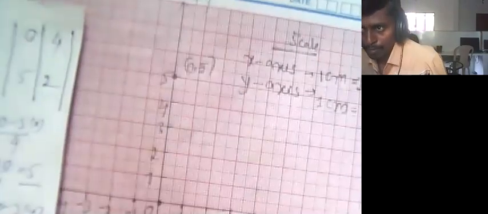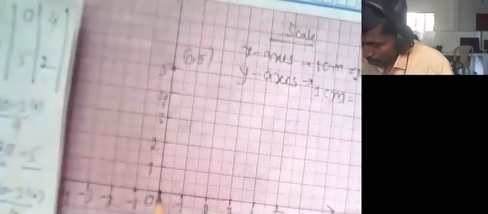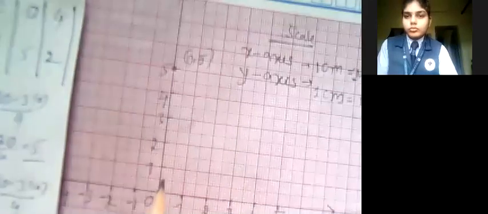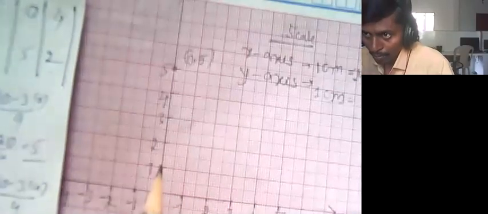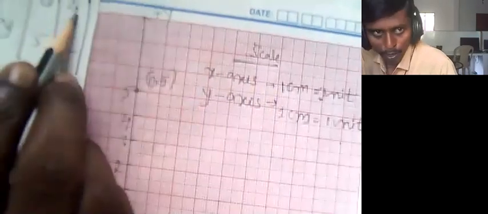Here x is equal to 0 means origin, and y is equal to 5 means plus 5 is given, so I am going in the upward direction. Minus 5 would mean downward. Next point is 4, comma 2.